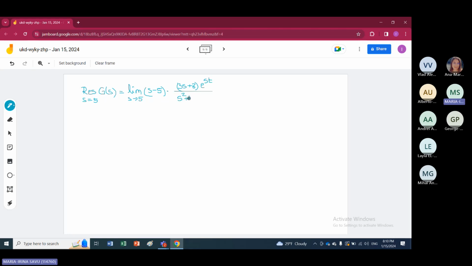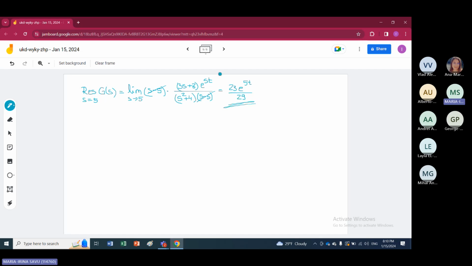This time I won't write s squared plus 4 as a product because I already have a simplification, and I get 23 e at 5t over 29.